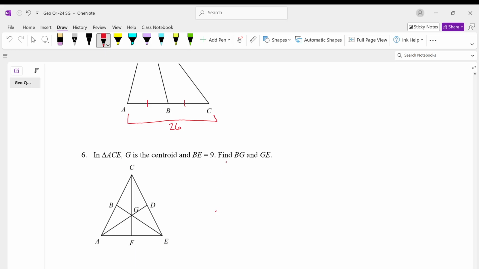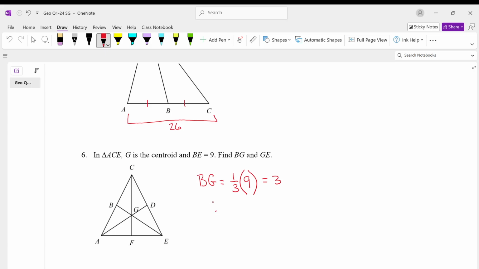All right, we need to find B to G. B to G is equal to 1/3 of B to E. So 1/3 of 9 equals 3. And that's the small piece of the angle bisector.